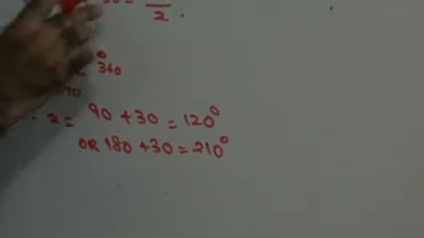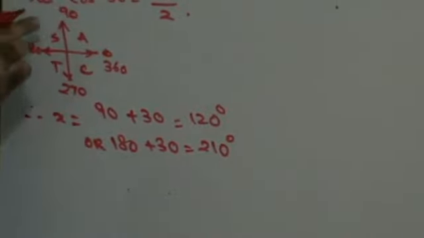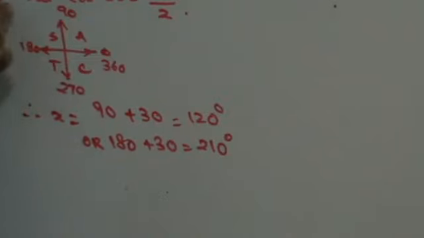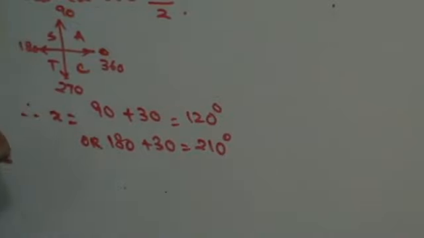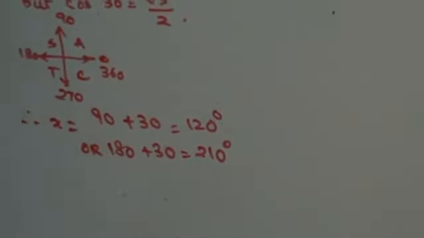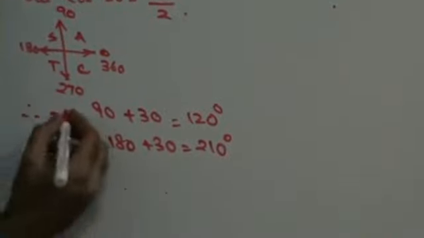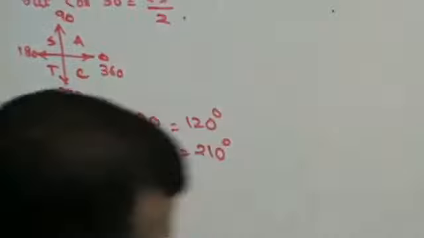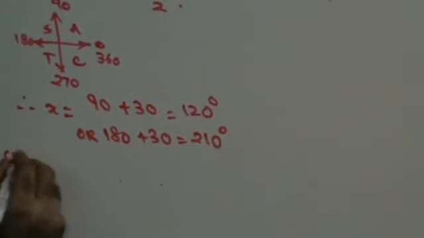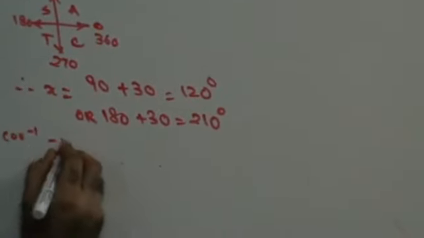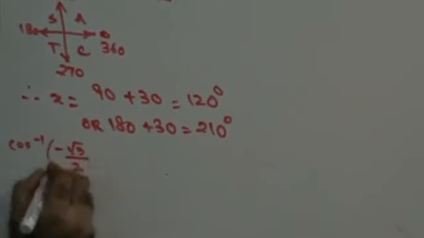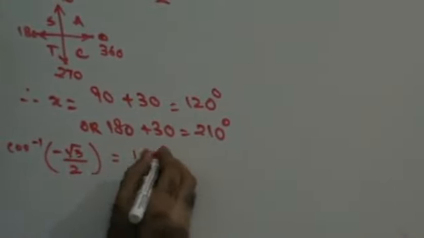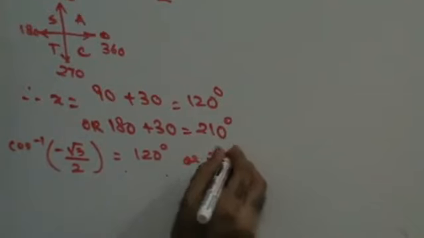If you get a negative answer, you first find the quadrants in which the given value will be negative. If it is negative in the second and the third quadrant, write the starting point of those quadrants plus the angle. So cos inverse of negative root 3 by 2 is 120 degrees or 210 degrees.